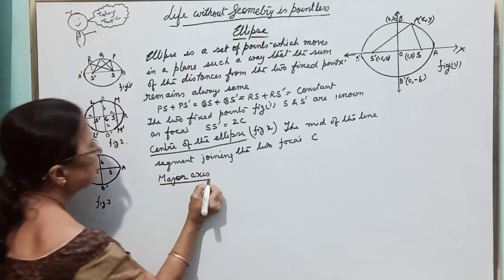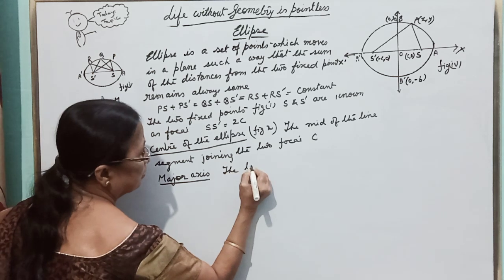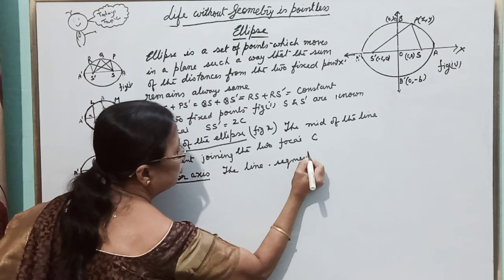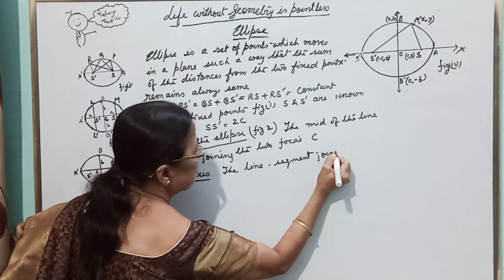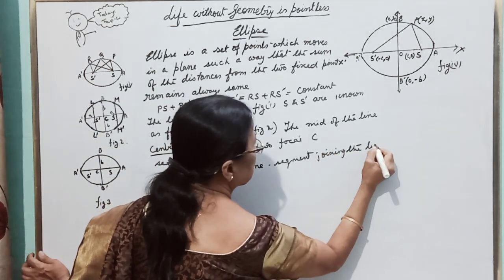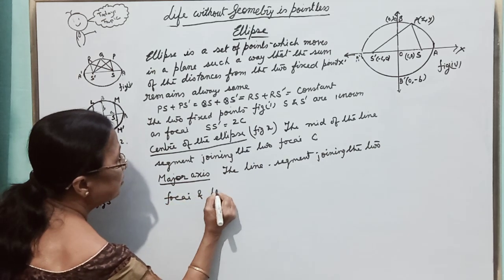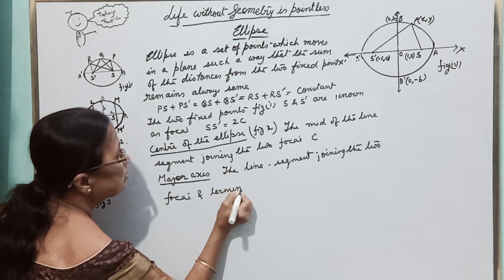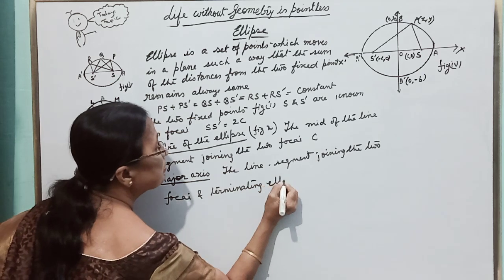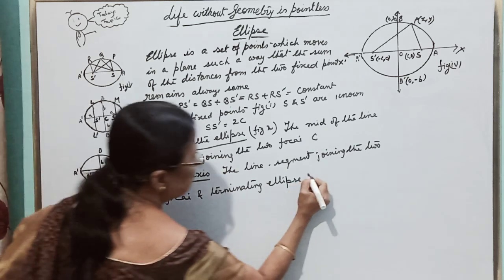Major axis is the line segment joining the two foci and terminating at the ellipse.